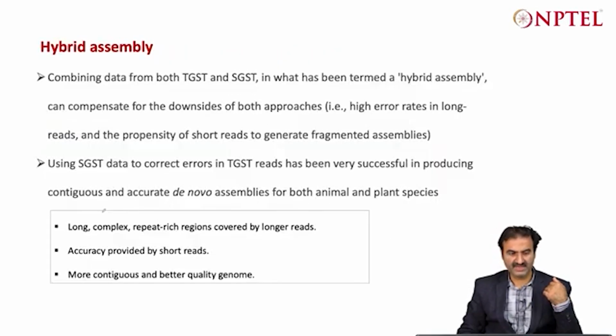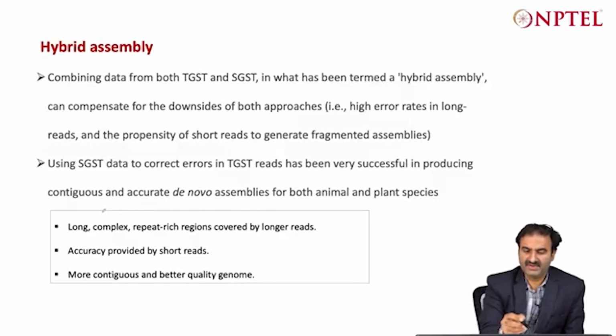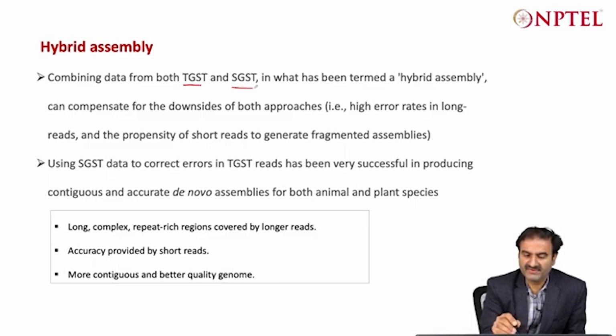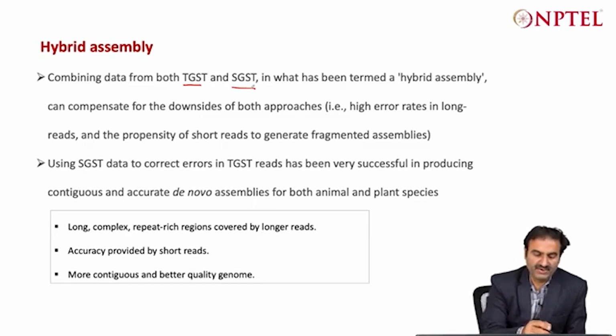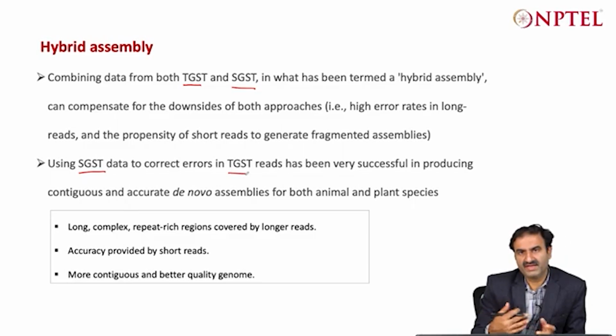So either the data from third generation and second generation sequencing technologies are used to generate the hybrid assembly, or you use the second generation data to correct the errors in third generation, or the other way, using the third generation to improve the contiguity in the second generation. So different approaches are there.